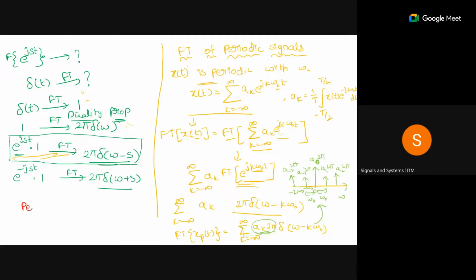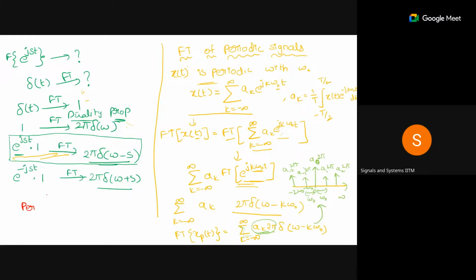So for a periodic signal, in the time domain and frequency domain, I want to separate it out. If the signal is periodic in the time domain, then in the Fourier domain it will be discrete.